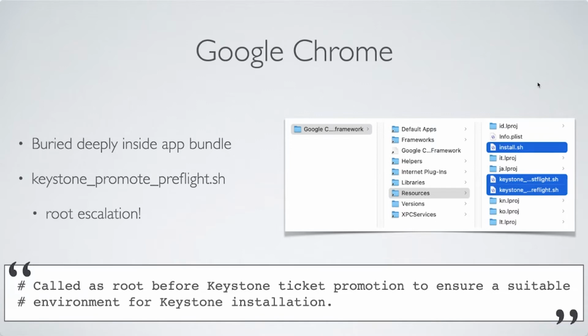And it turns out we can. That script is actually user writable. Now, I don't know the exact circumstances when that script is called, so I don't know that Chrome may have some other ways to prevent you from attacking those scripts, but it's possible you could get root escalation with this.